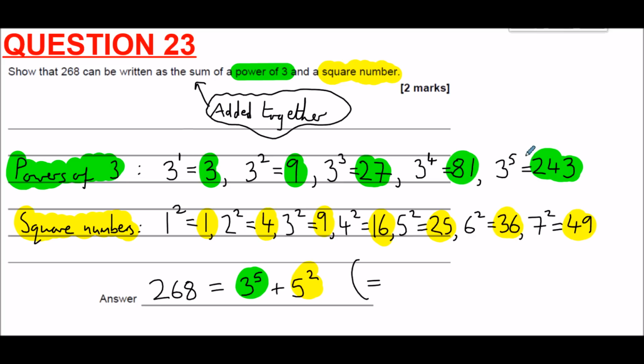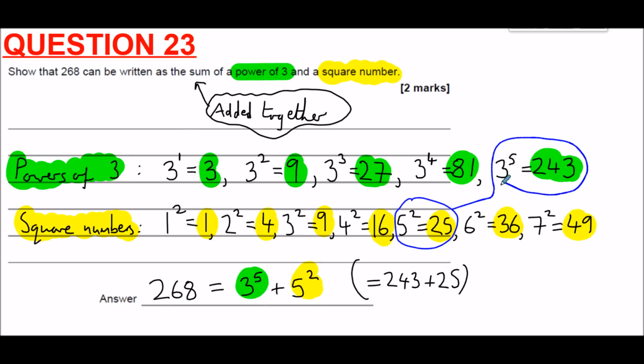So we've proved it using this list. 243 plus 25. So if we pick these two numbers here, group them and add them together, that does come to 268, which is what we wanted to prove in the first place. And so we've proved it there quite clearly. 3 to the power 5 plus 5 squared equals 268.